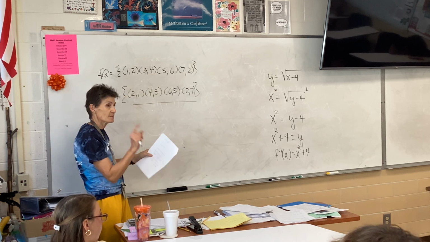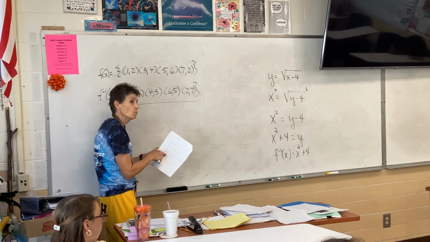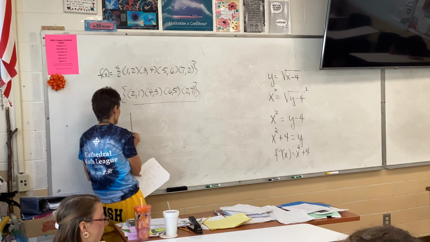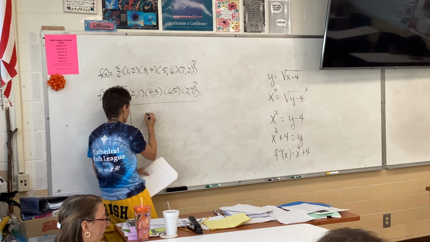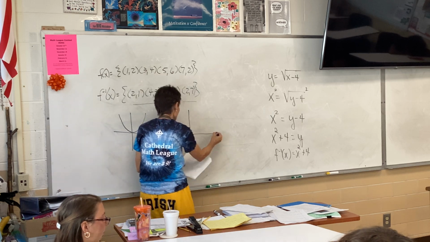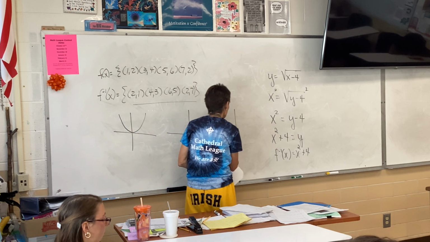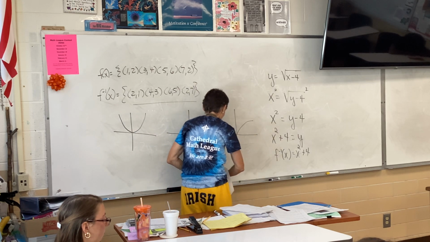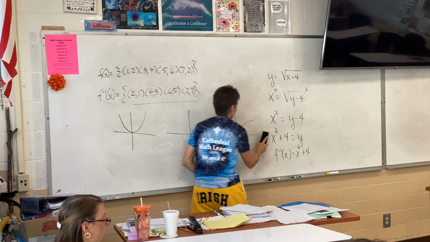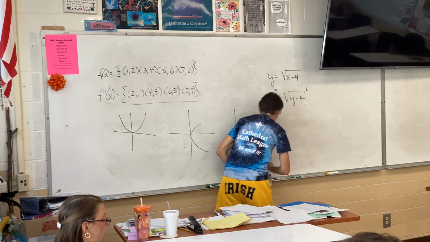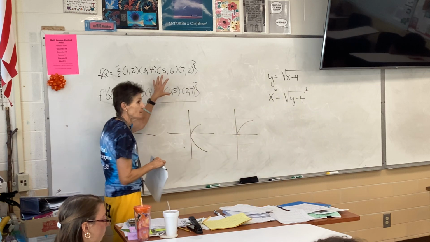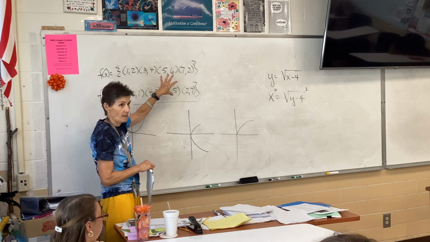And that brings us to the next conversation, which is, are these things one-to-one? If you are going to be one-to-one, then you have to be a function, and your inverse has to be a function. So this guy that we just did would not be one-to-one.